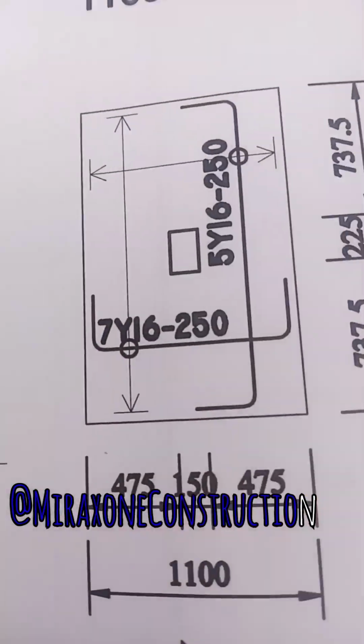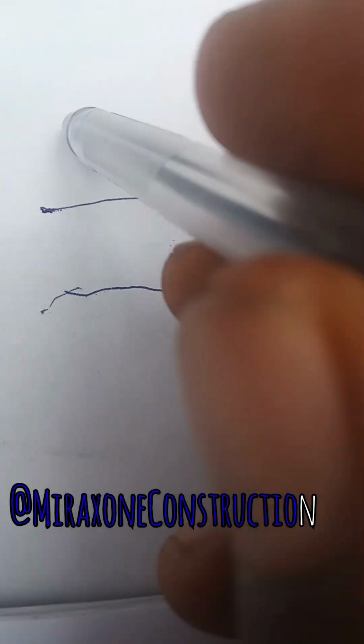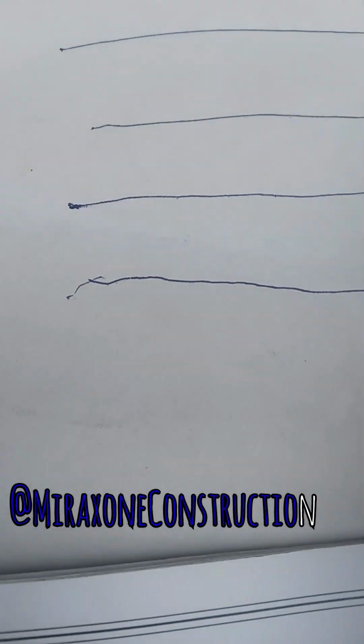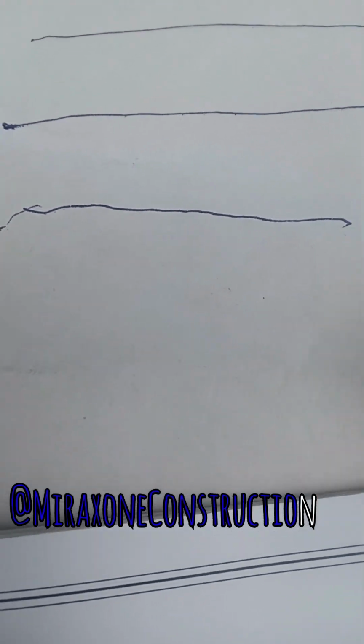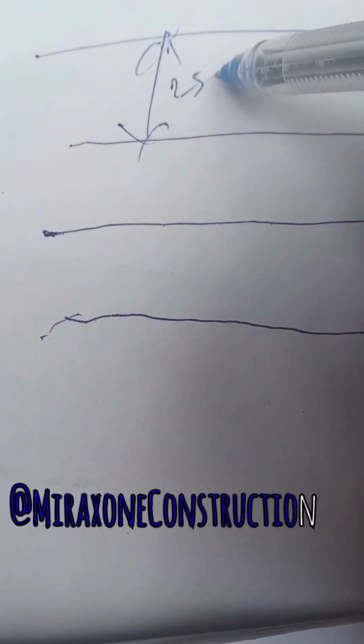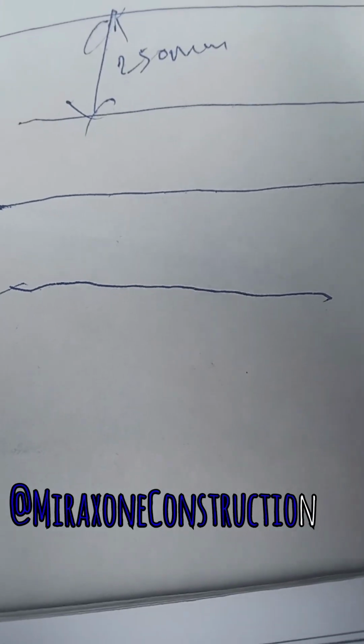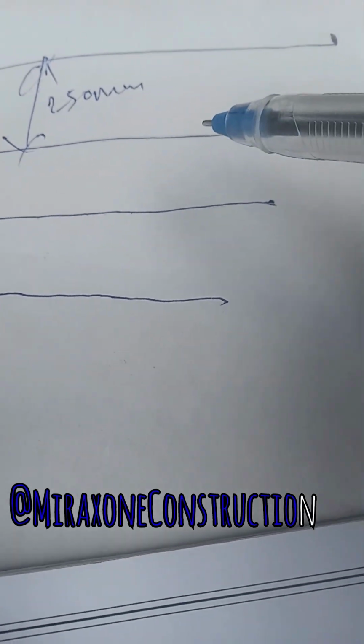If I'm to sketch it the way the fitter man will have to do it, this is the bottom bars, with a gap of 250 here to here. It's going to be placed 250 millimeter apart. The gap, otherwise known as the spacing.